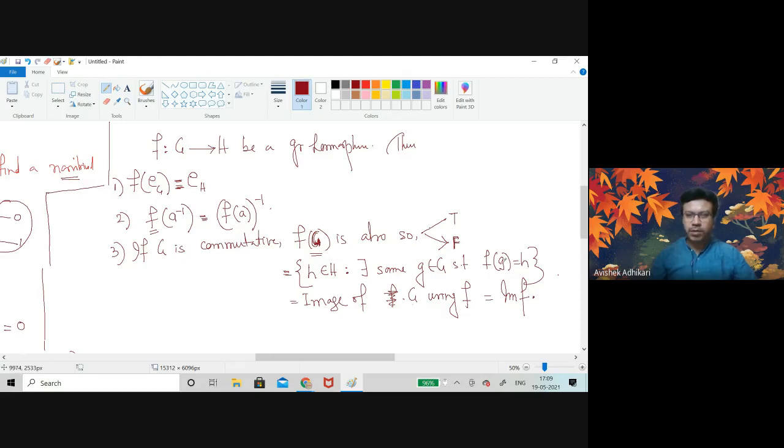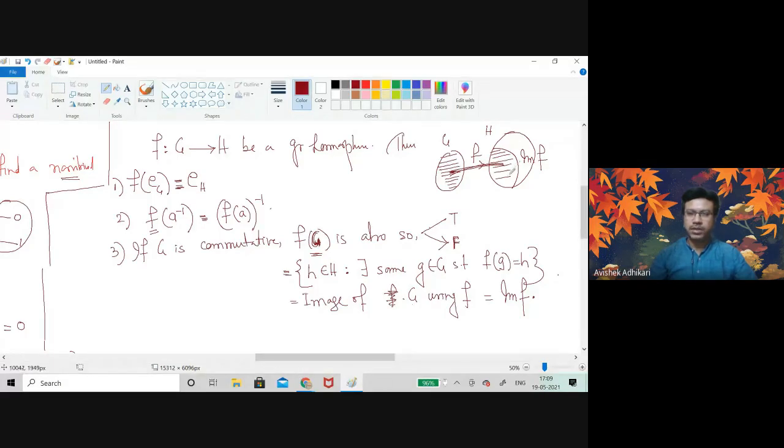So what is this property then? You can think of it like this. Suppose this is a group, say this is G and this is H. The image of f is this portion, which has the onto portion.